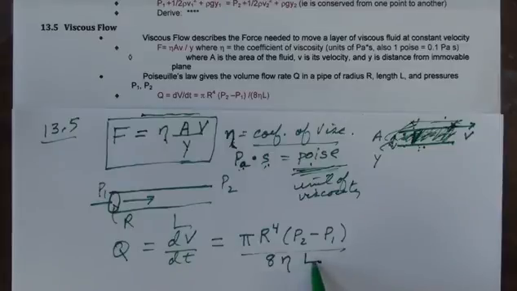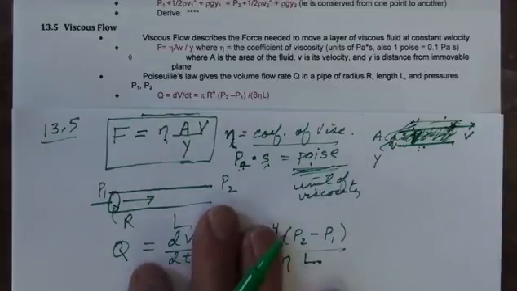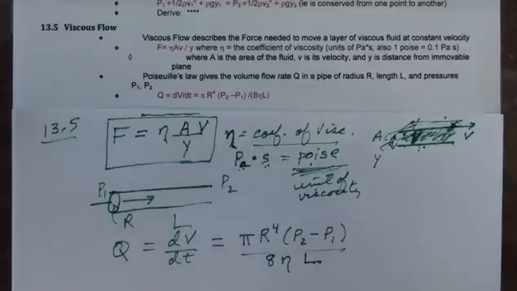So if I replace L by half L, I'll get twice the volume per unit time. So these two components, you could guess. You might also guess that it's going to be inversely proportional to the viscosity. Because if the viscosity is twice as great, then only half as much fluid would flow, and so it should be inversely proportional to the viscosity.